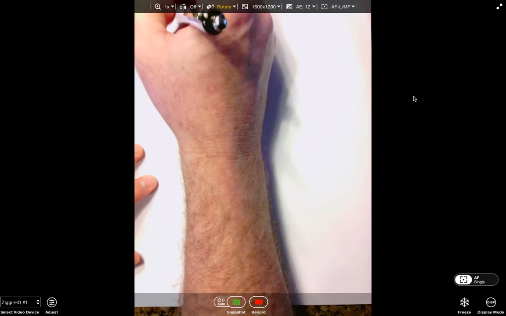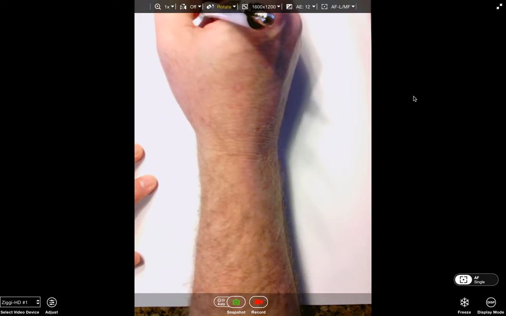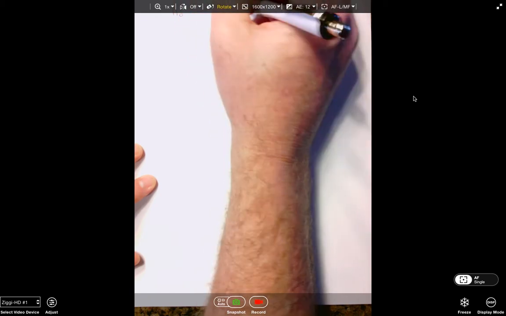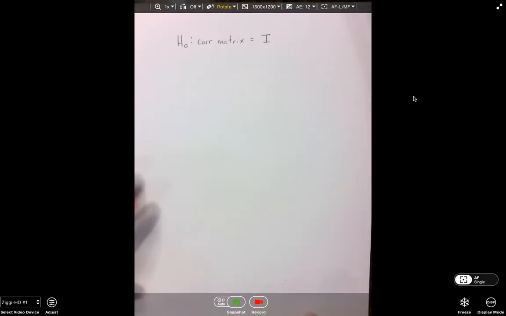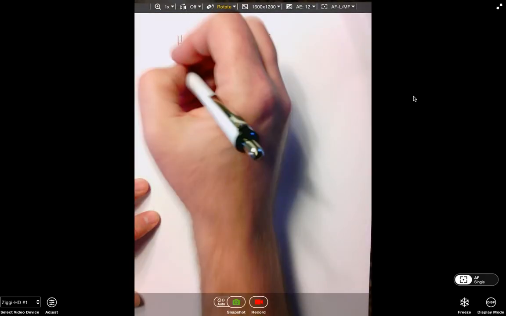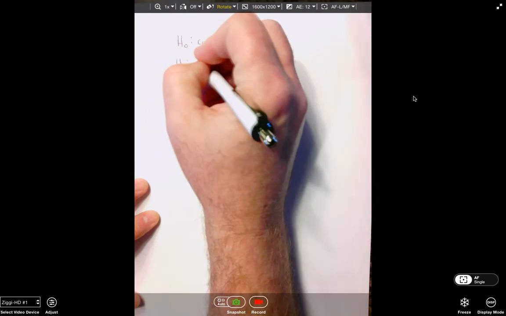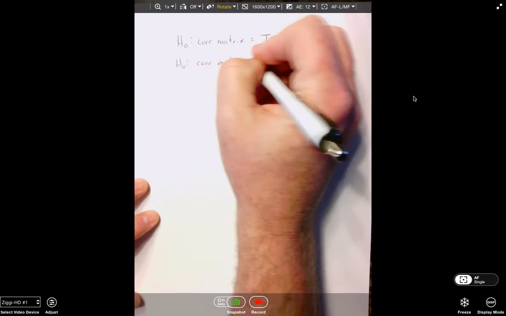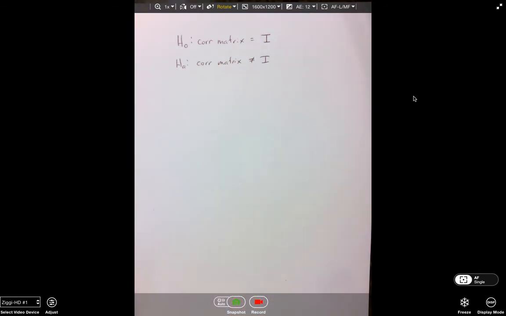So Bartlett's test, the null hypothesis is our correlation matrix is equal to the identity matrix. And the alternative is our correlation matrix is not equal to the identity matrix.